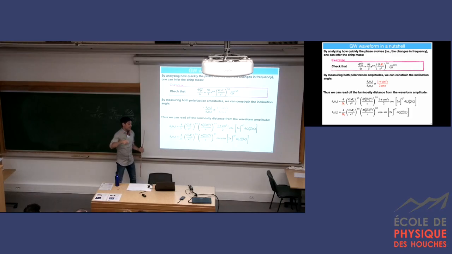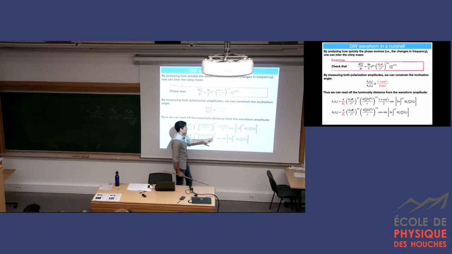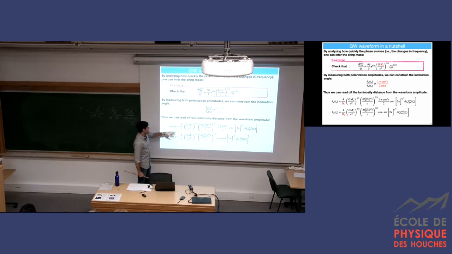Now, the next point: these are the expressions that I have. If I take the ratio of h plus over h cross, assuming again that these are known constants to the phase, the amplitudes simplify, and what I'm left with is the ratio of these functions of iota.